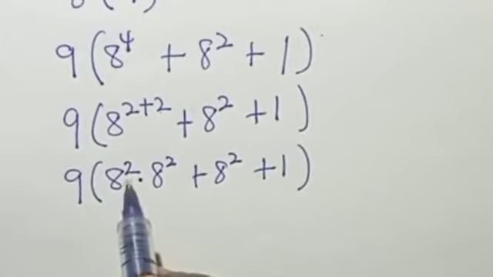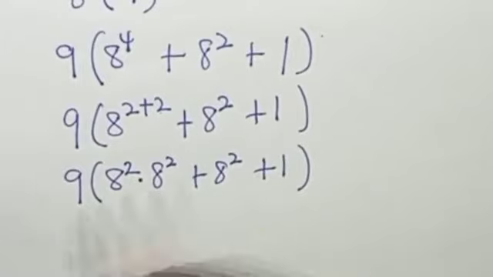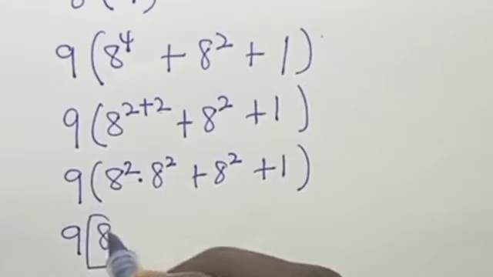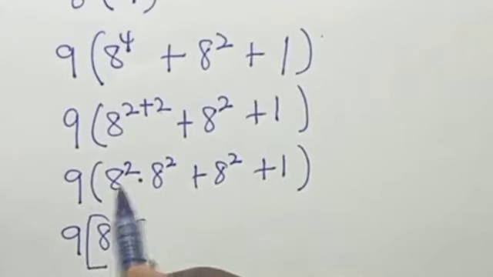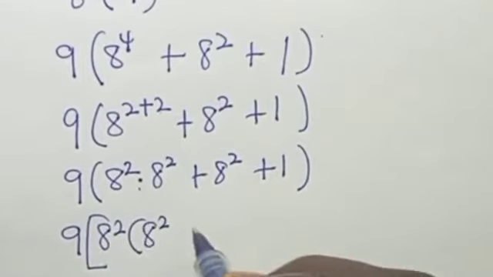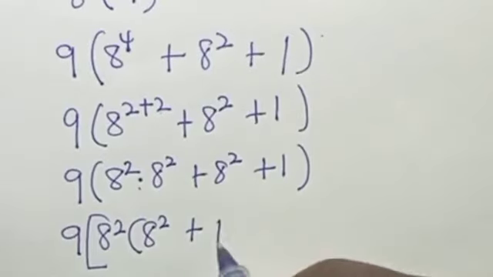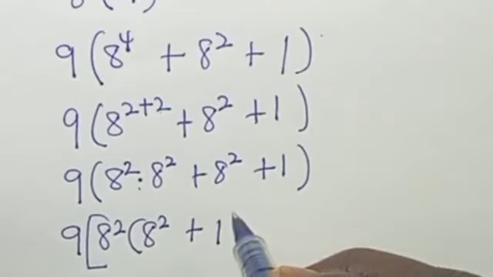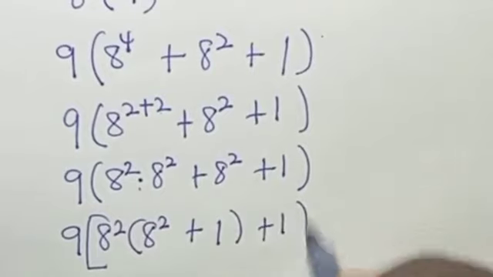And here, since 8 raised to power 2 is common, we can factor it out to have 9 times 8 raised to power 2 times 8 raised to power 2 divided by 8 raised to power 2. We're left with 8 raised to power 2 plus here is 1, plus 1.